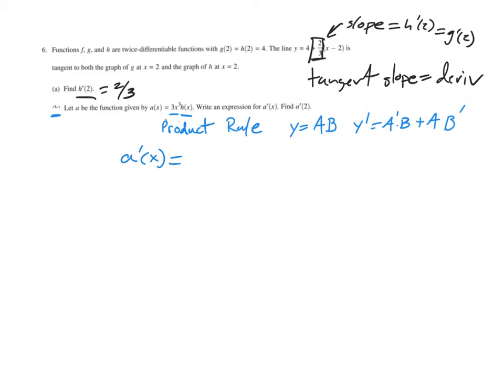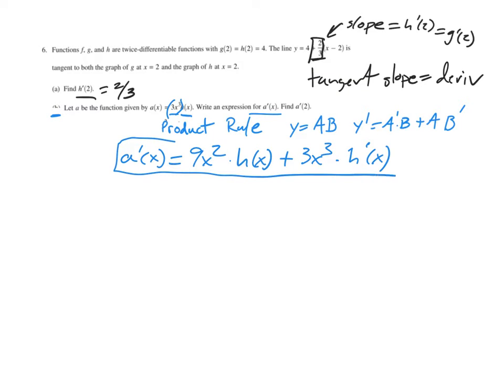A prime of x would be the derivative of 3x cubed, which is 9x squared, you use the power rule, times good old h of x, plus the original 3x cubed times the derivative of h, which is just h prime of x. No chain rule or anything here, it's relatively simple. So we got an expression for a prime of x, that's actually part of our answer right there. We could box it or just underline it.